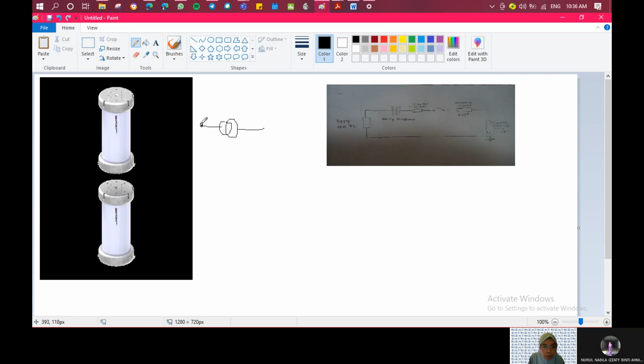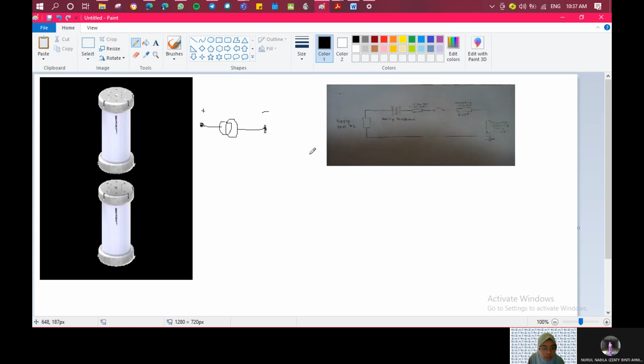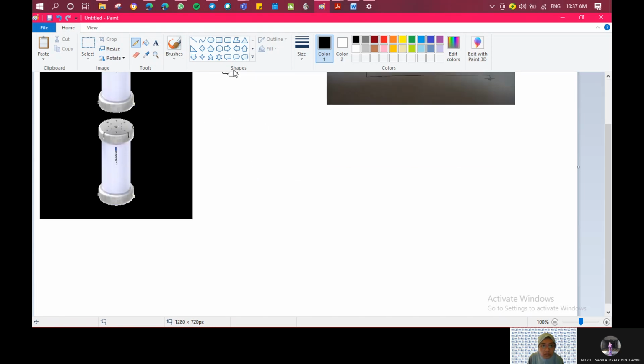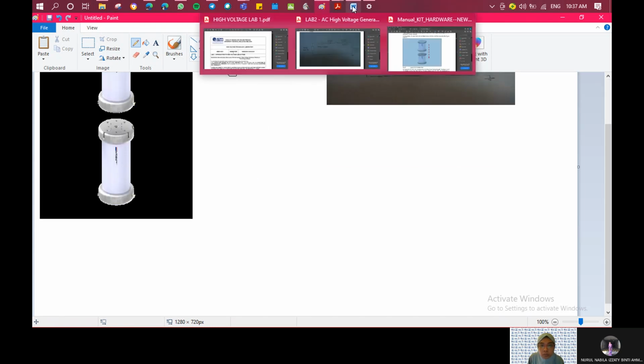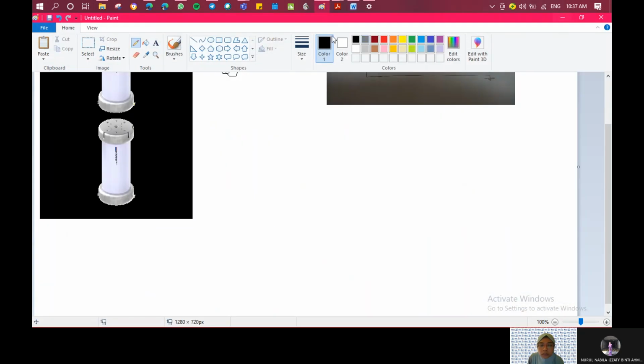This is from a terminal, assuming this is the positive terminal and this is the negative terminal. Next involved is a conductor.